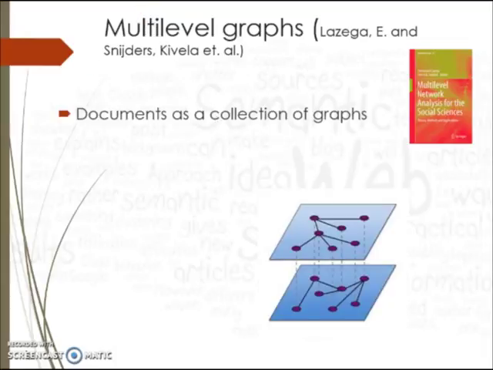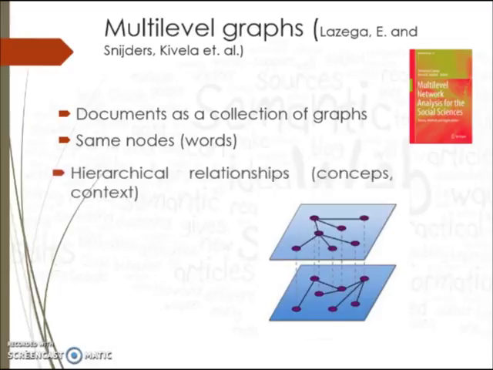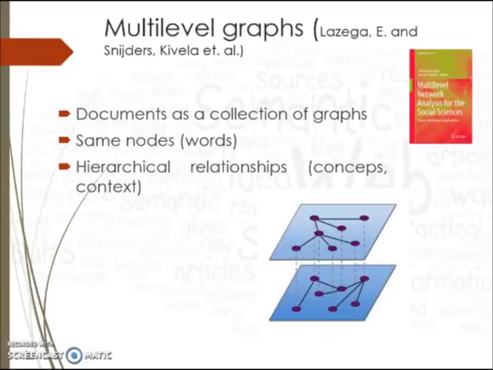So in this context, we think of documents as a collection of graphs, not one graph, but a collection of graphs which are constructed over the same nodes, that is, the same words. But we could think of more complex situations based on some kind of hierarchical relationships. Again, think about concepts or context. So we're talking about graphs, in our case, which are created over the same nodes, but we could make this more complicated.